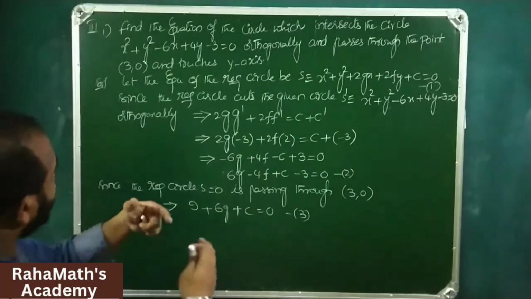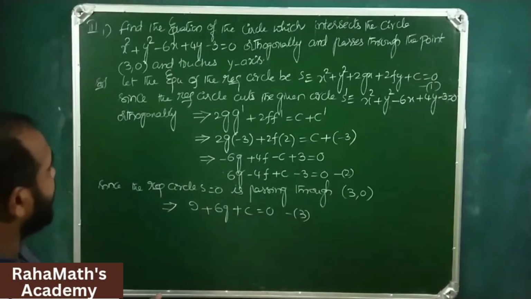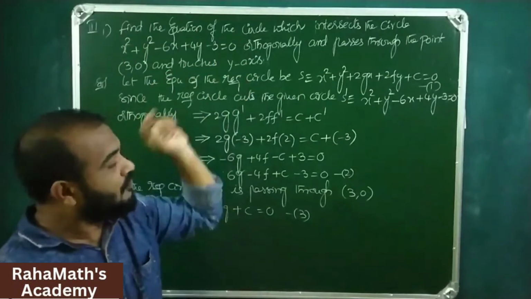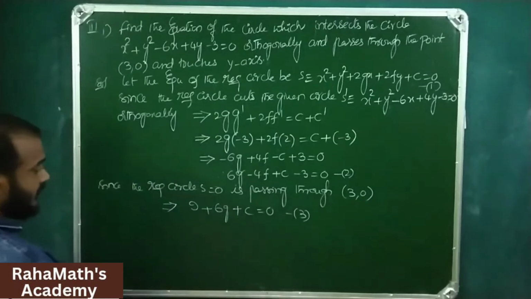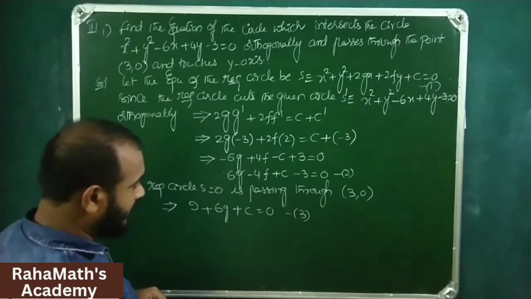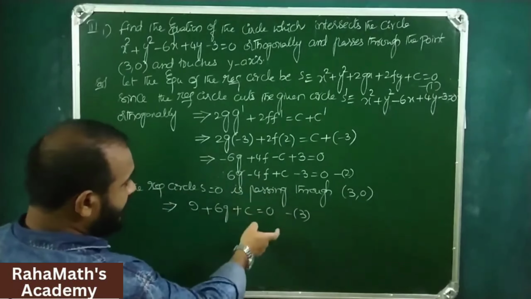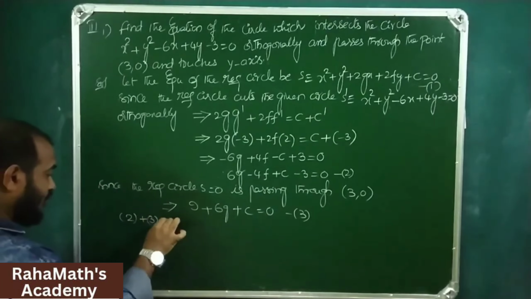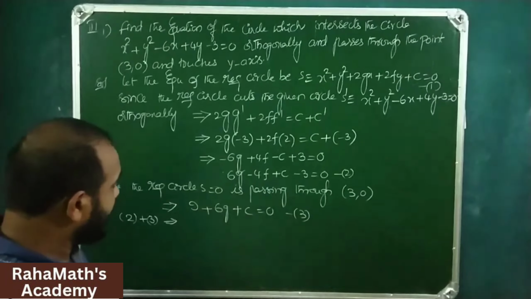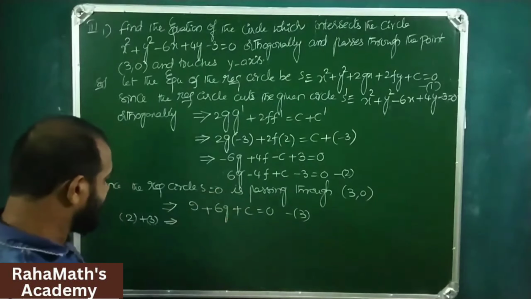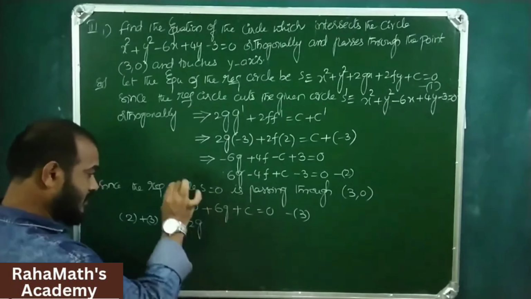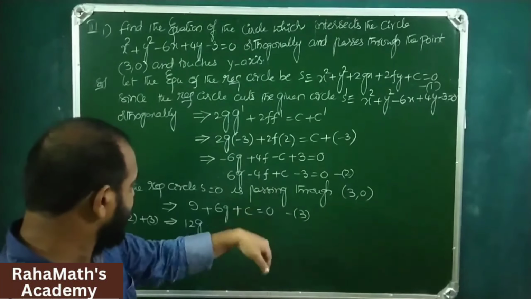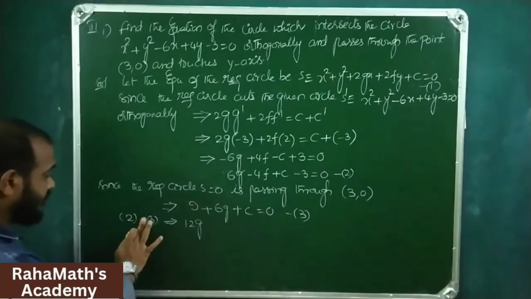And if we move further, the required circle touches the y-axis. But before this, let us add 2 and 3. So 6g plus 6g, and so on. Next, 2 minus 3, let us do.